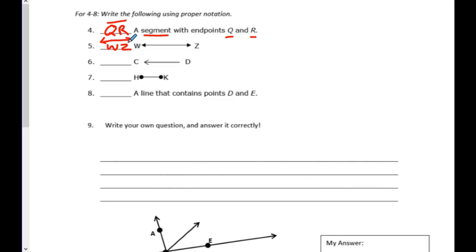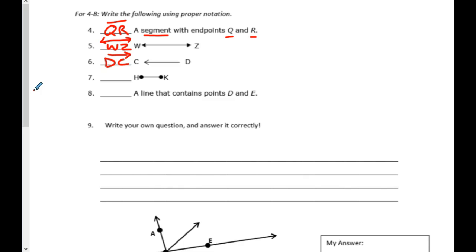On number 6, what is that? A ray. How do I know it's a ray? 1 arrowhead. I always have to start with the endpoint, which is D towards C. And then my ray always points to the right. Okay. 7.